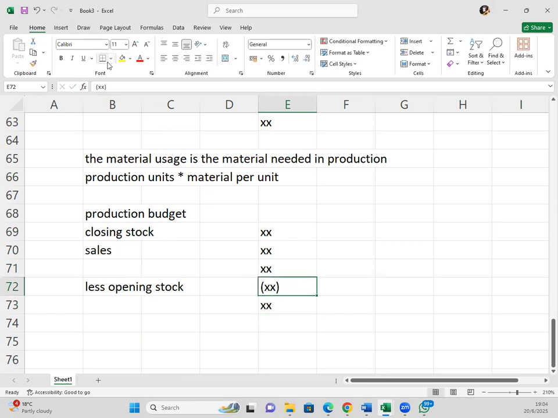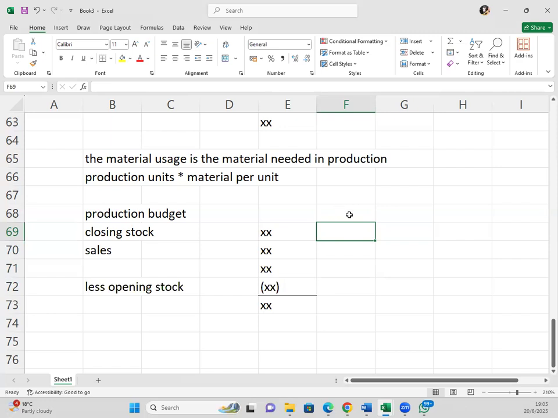So the steps were quite long for this one. The first thing was to work out your production. Can I have the figures? The production budget is done in units. How many units are we planning to produce? Sorry, how many units are for closing stock?